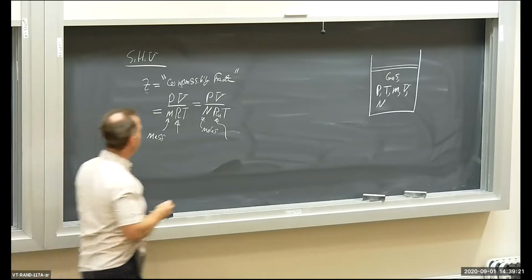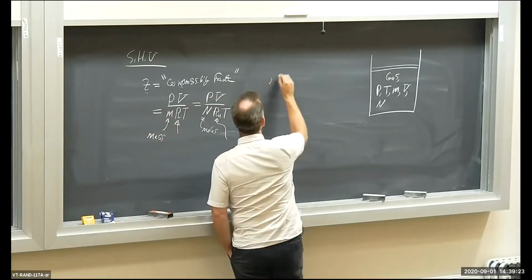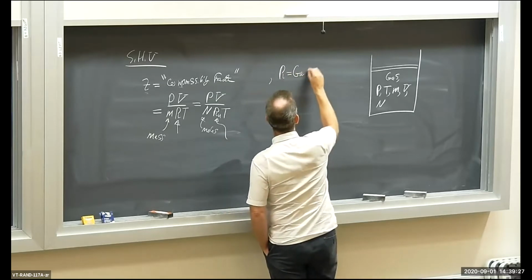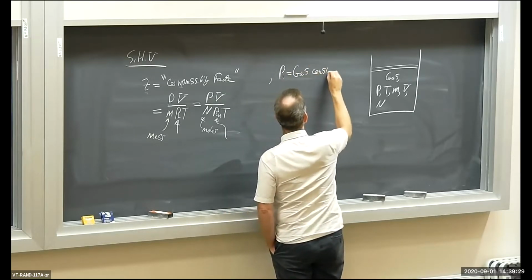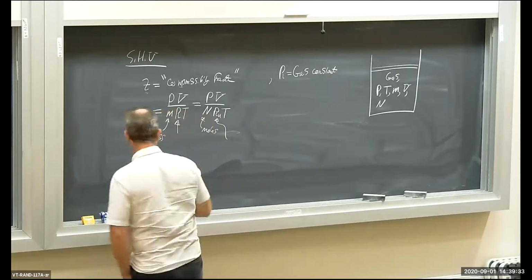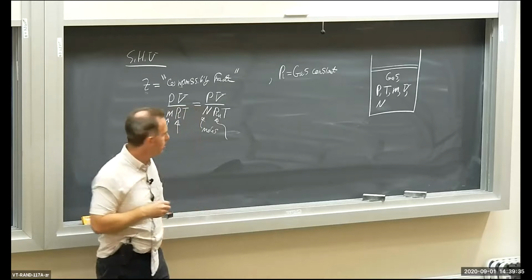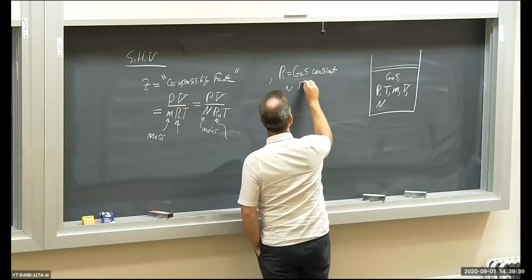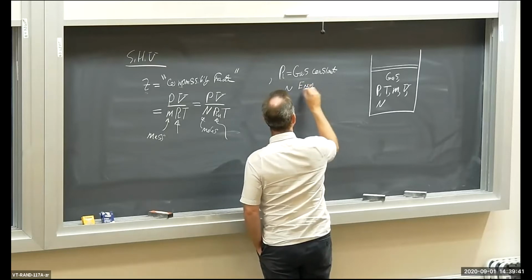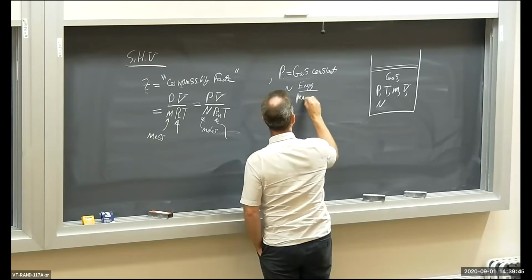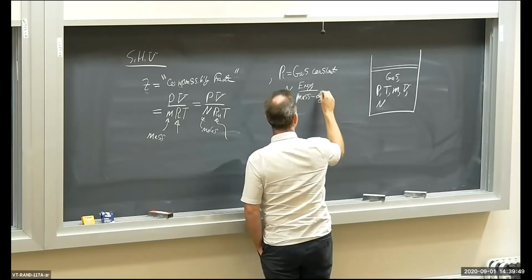The first one, so what is R? R is the gas constant. It is material specific, and it has units of energy per kilogram, or energy per unit mass, per degree temperature.